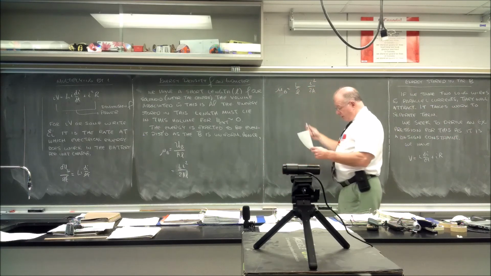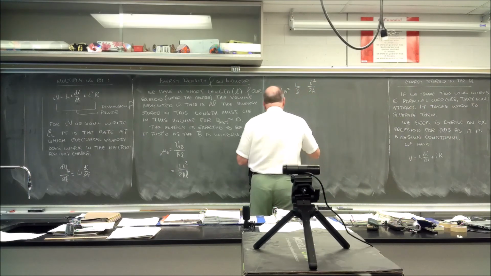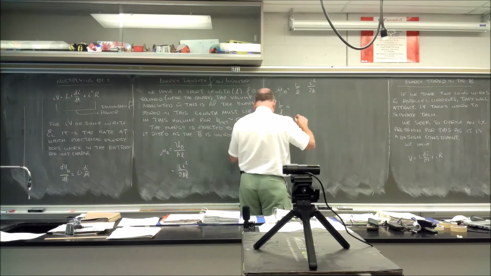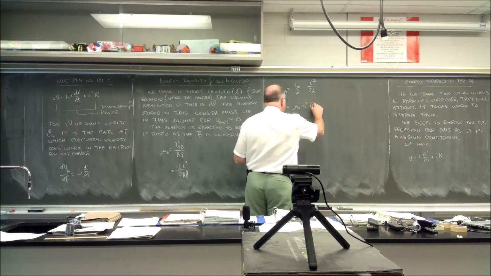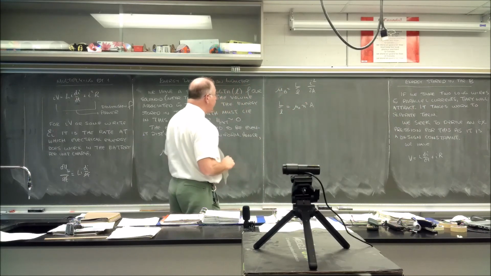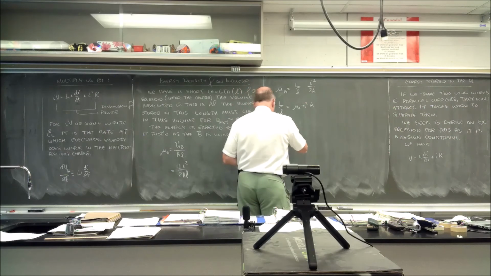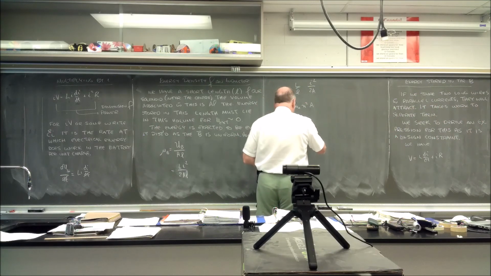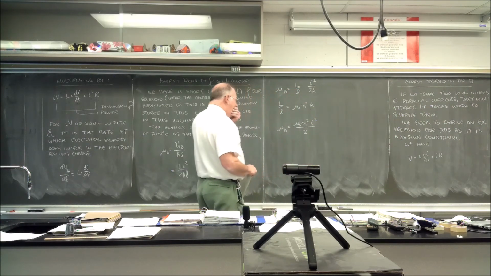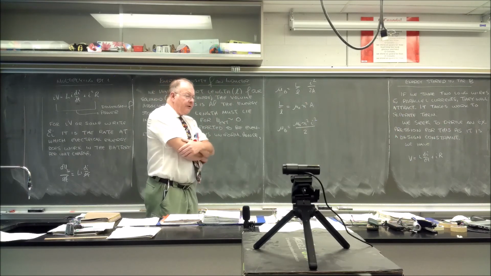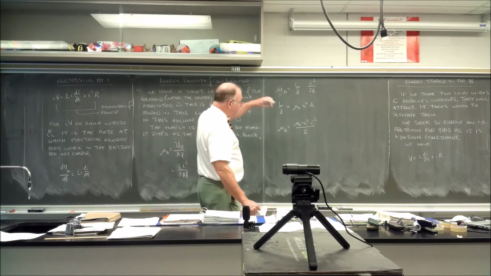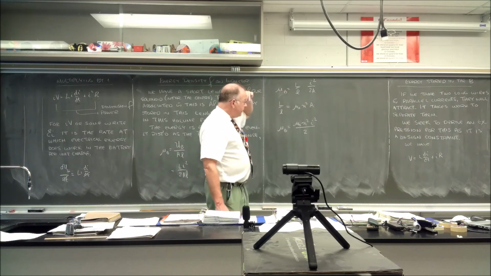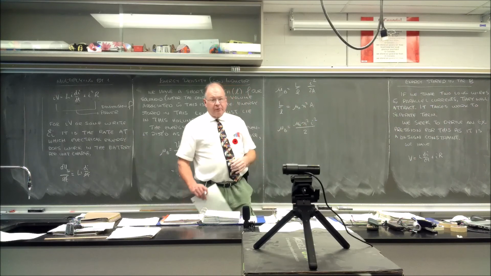And of course, L over script L we already know, and we just did it a minute ago, but for information, L over script L once again is mu naught n squared times A. So if we were to extend this, then mu B would equal, so the A's would cancel, and you would have mu naught n squared I squared over 2. So the density of the energy, as you might expect, is going to be dependent upon n squared, because that's the inductance, but it's also going to be a function of the current, which is going to drive the magnetic field proper.